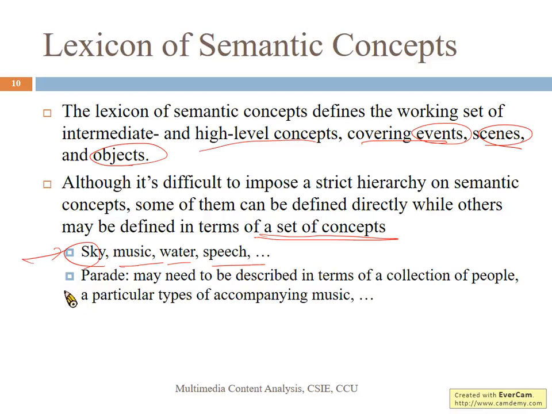But some concepts are more complex, like parade. Parade may need to be described in terms of a collection of people, a particular type of accompanying music, and maybe walking toward the same direction, and so on. Therefore, we can use some atomic concepts to model or to describe a complex concept.